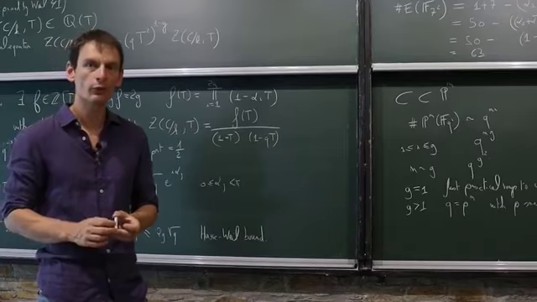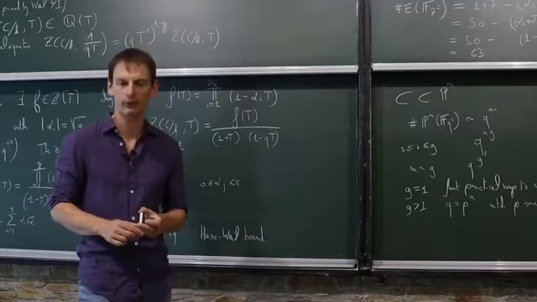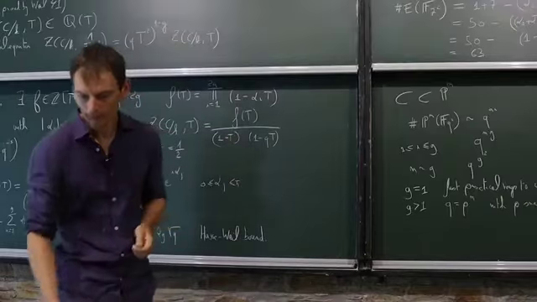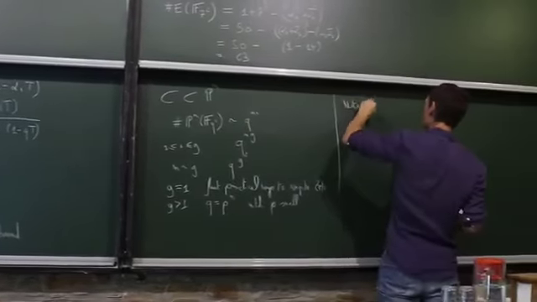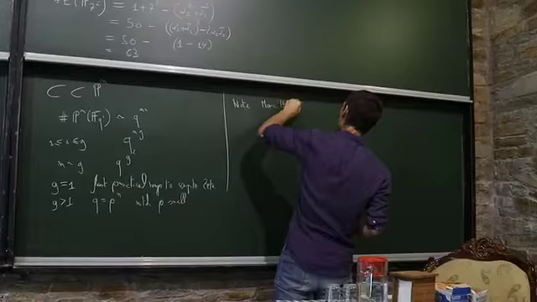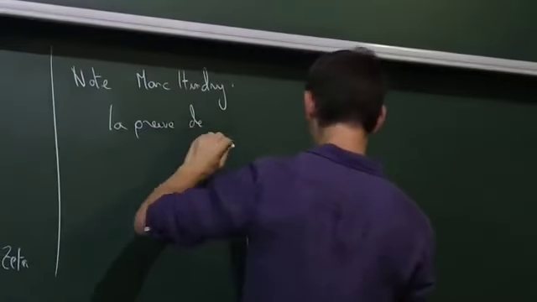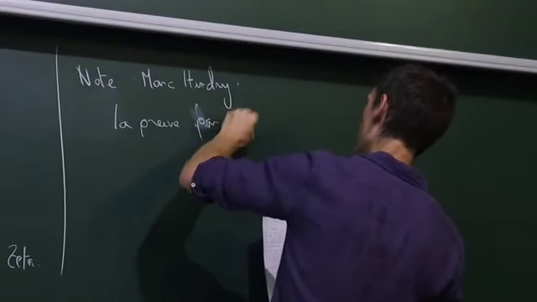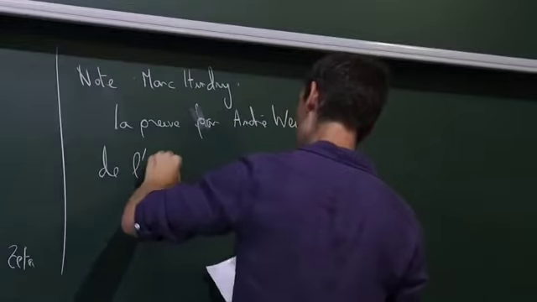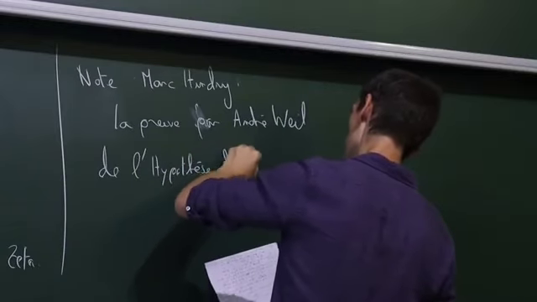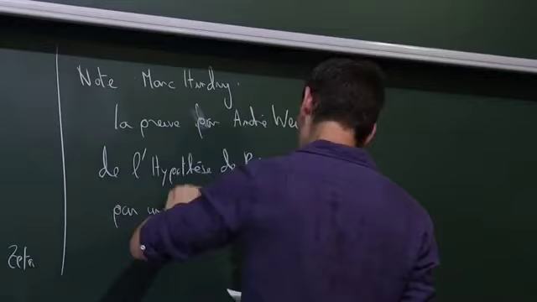I will give the second historical proof, by Weil himself, using intersection on C times C, and I will follow quite closely a note by Marc Indry, which is in French: La preuve par André Weil de l'hypothèse de Riemann pour une courbe sur un corps fini.